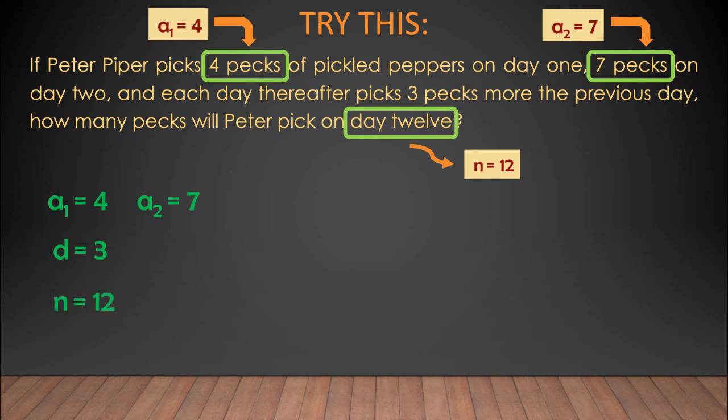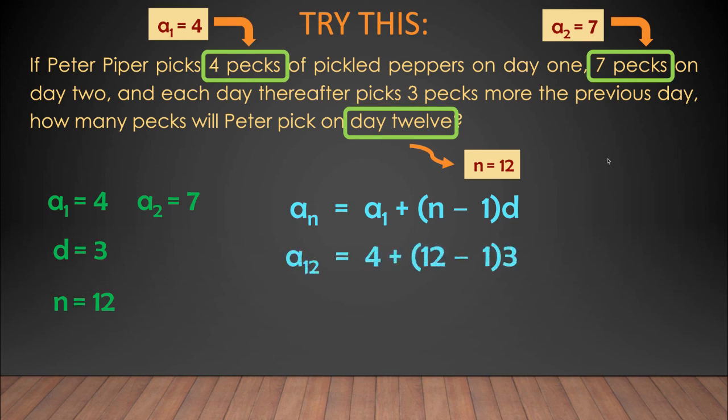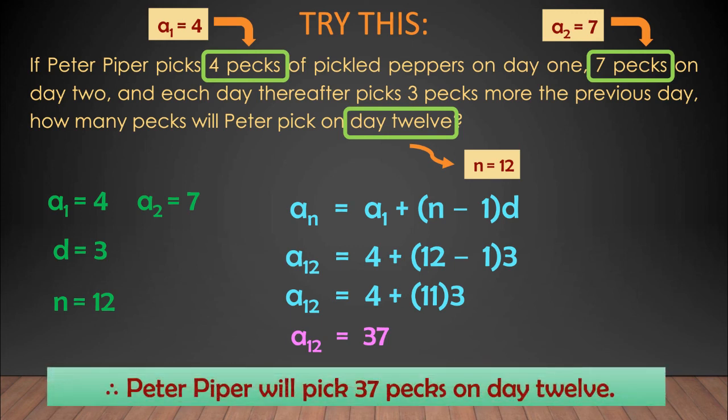So using the formula for arithmetic sequence, substituting the given, since n is 12, we have a sub 12 equals a sub 1 is 4, n is 12, d is 3. So substitute the given values. We will have a sub 12 equals 4 plus 11 times 3, and that will be 37. Therefore, Peter Piper will pick 37 pecks on day 12.